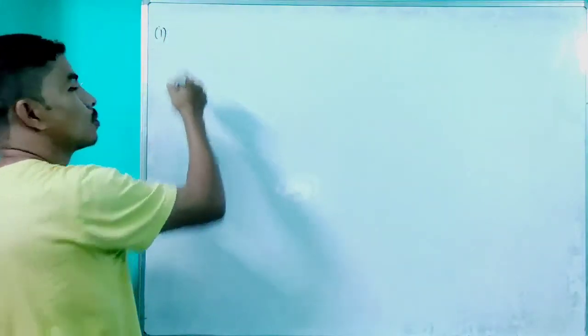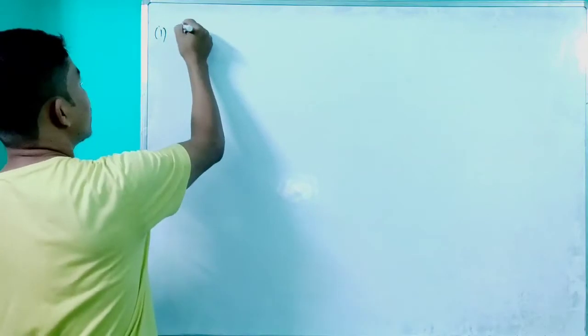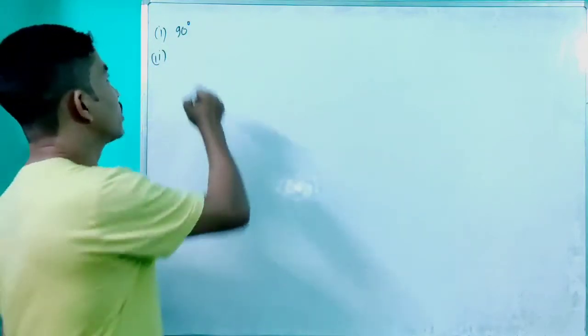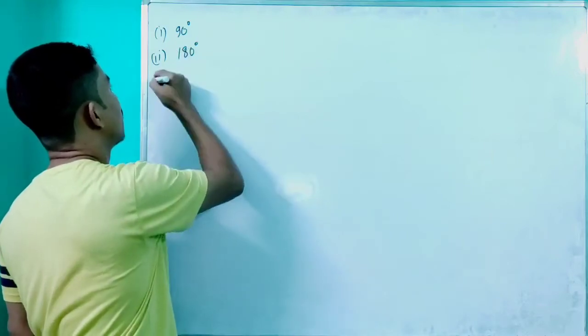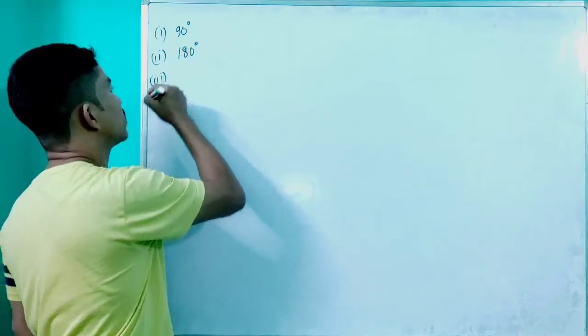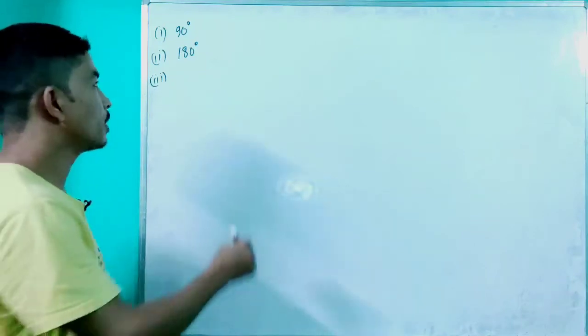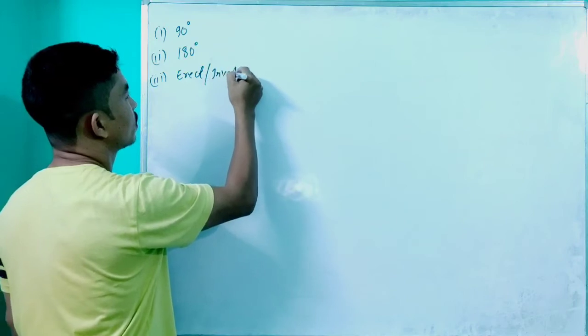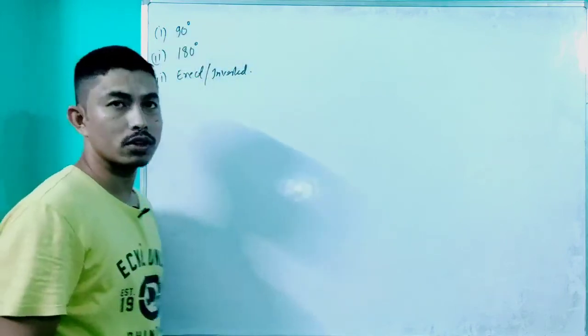The first is that we can deviate a ray of light by 90 degrees, the second is that we can deviate a ray of light by 180 degrees, and the third application is that we can erect an inverted image. Let us see one by one how to draw the ray diagram.